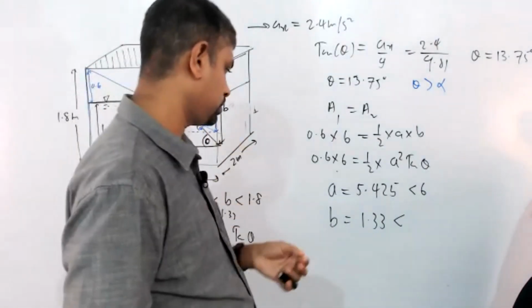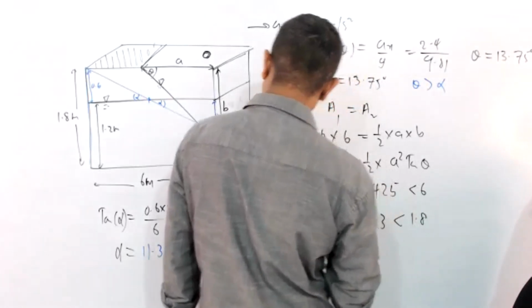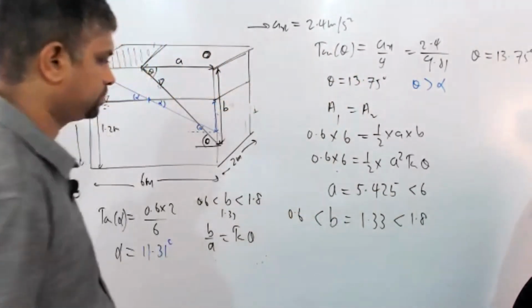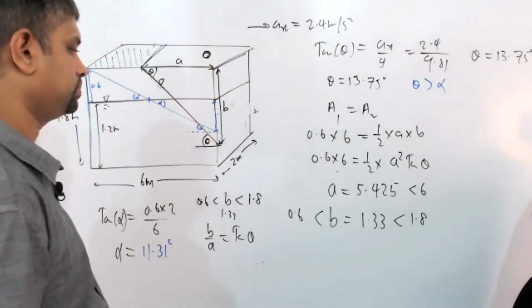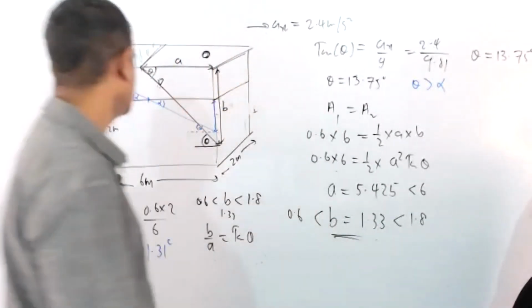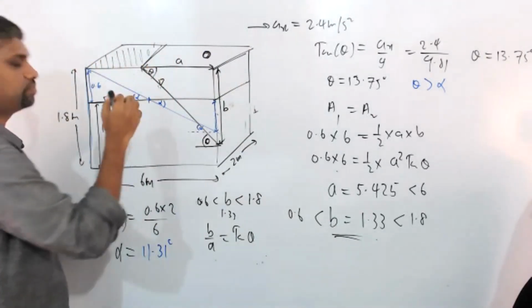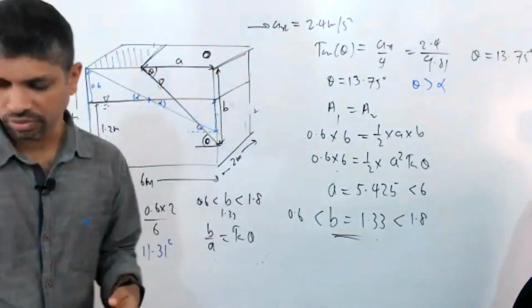It is less than 1.8 and it is also greater than 0.6. Okay, now we have to calculate the force exerted on the top of the tank. Let's see how to do it.